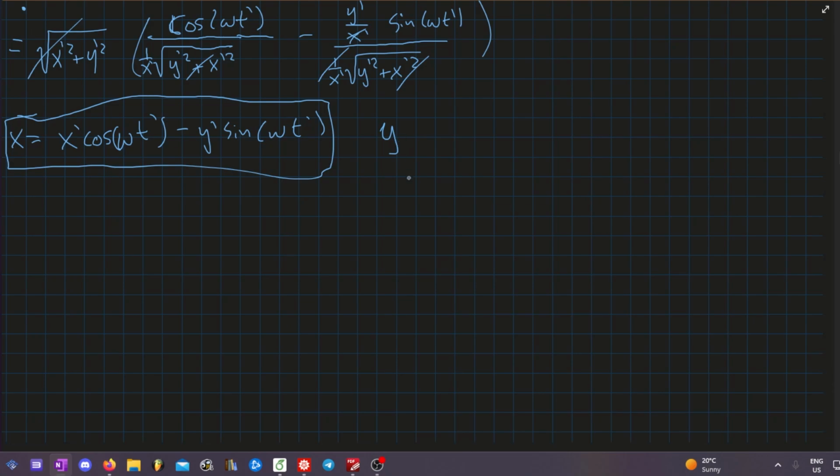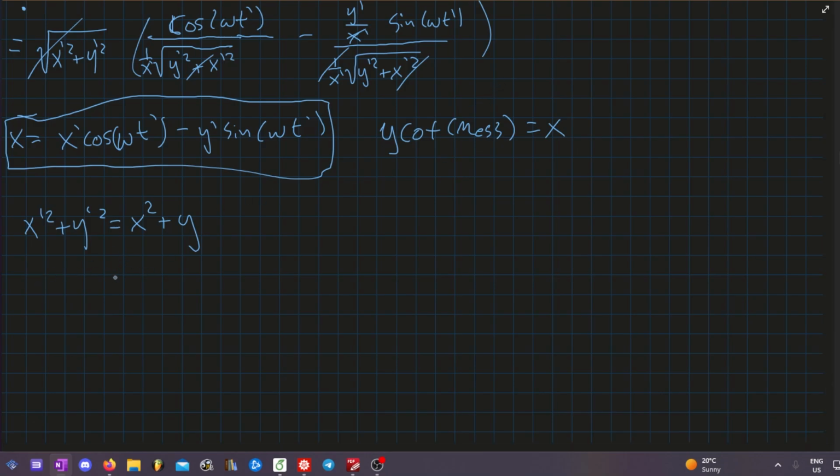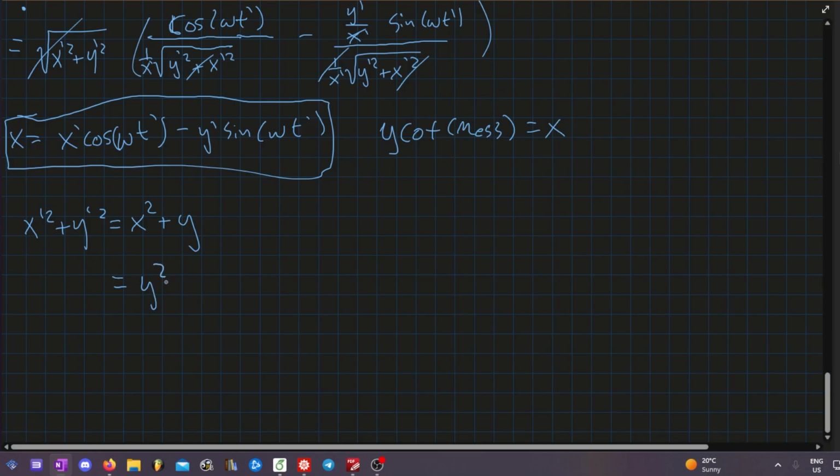So that means x equals y cotangent of the mess. Okay, and then we have this relation again that we used for the last one, but this time we're going to substitute in for x instead. So we get y squared cot squared of the mess plus y squared.